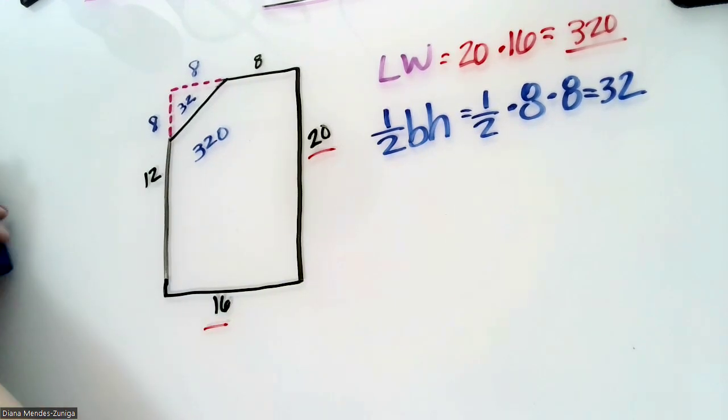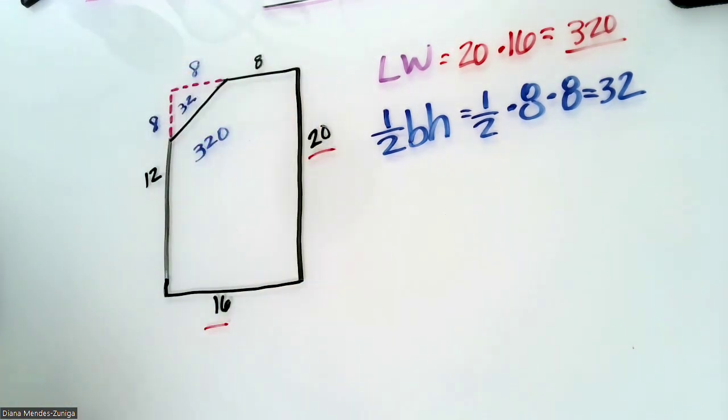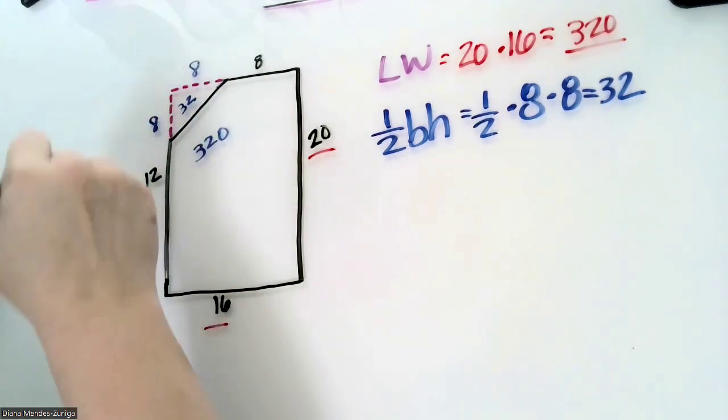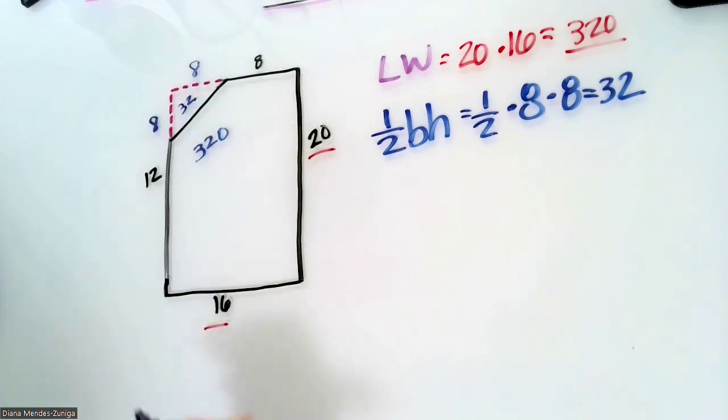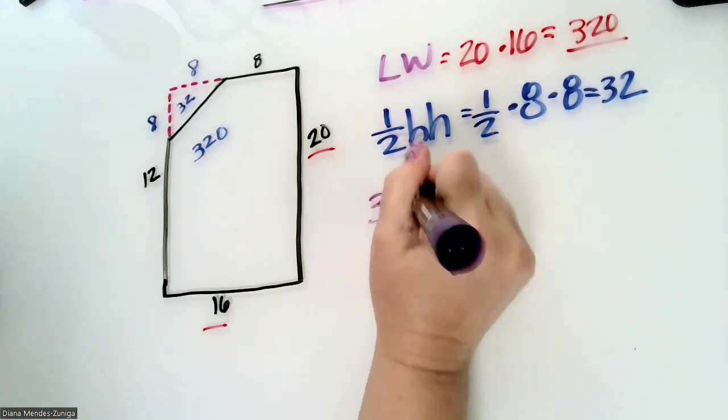Now the problem here is, on the last one that we did, we added them together. So you might be thinking, okay, 32 plus 320 would give us 352. However, we don't have an extra section hanging off here. We have one that's missing. So instead of doing the addition, we're going to subtract it.